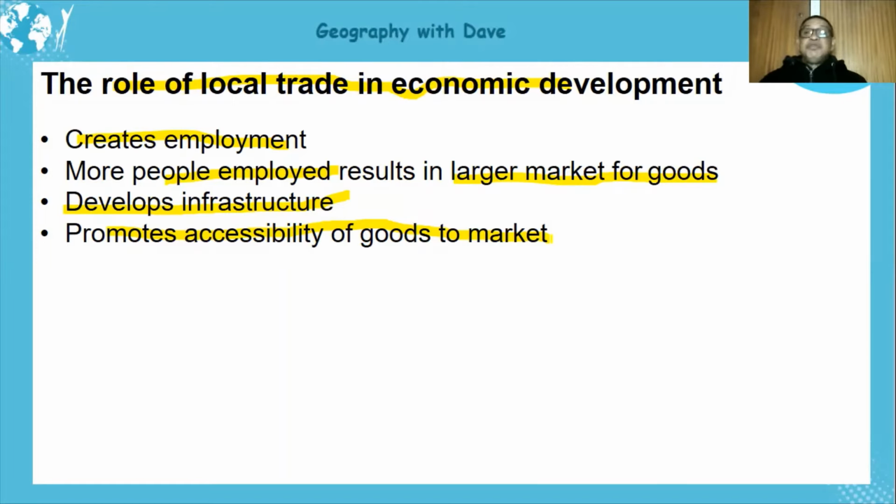Your smaller stores are right there, your hawkers, your general shop is near to the people, and goods are sold there. So it plays an important role in terms of development within the country.